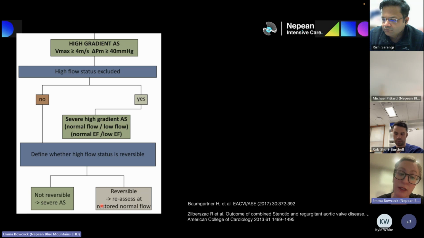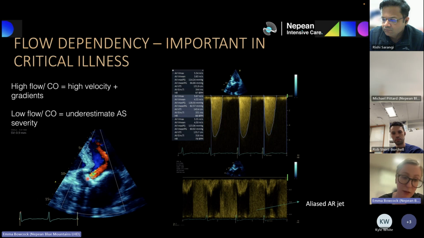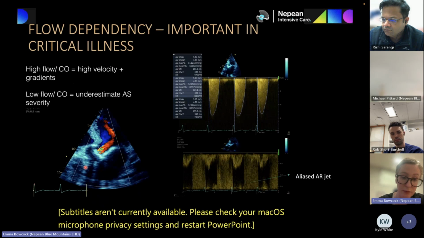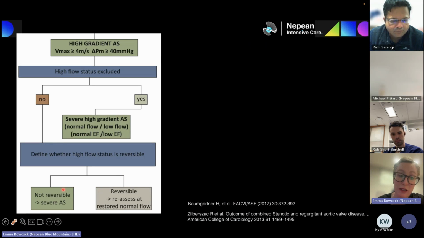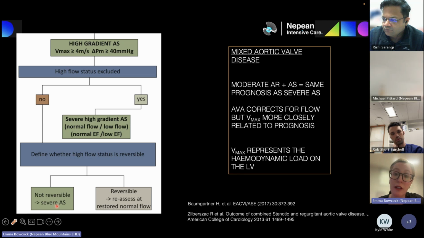So this one here. But if it's not reversible, i.e. this patient with the aortic regurg, then you just have to report it as it is. So they've got non-reversible high flow status, shunt, aortic regurg, something like that, then you still call it severe AS.